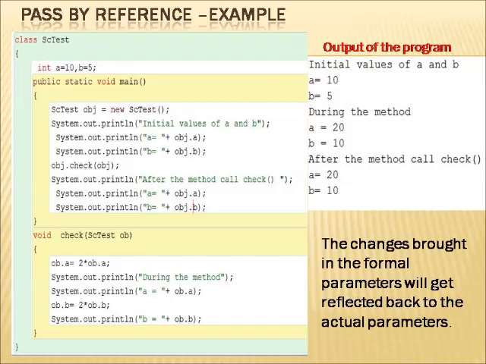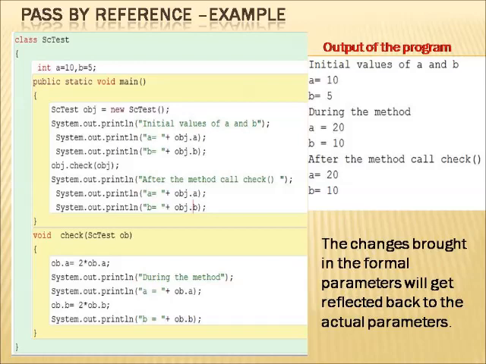you can see that inside check, using that object we are accessing the variable a, then we are multiplying a with 2 and again we are accessing the variable b using the object.